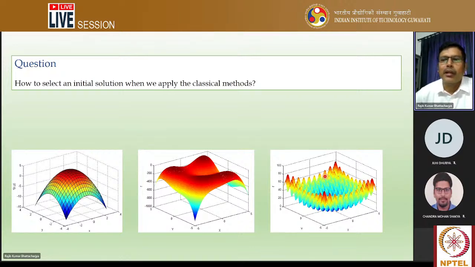And the third one has a lot of optimal solutions. To get the global optimal solution, you have to select the right initial solution. So what I will suggest: if your problem is convex, you can select any initial solution, but if your problem is non-convex, then you should try different initial solutions and see whether you are getting a better optimal solution.